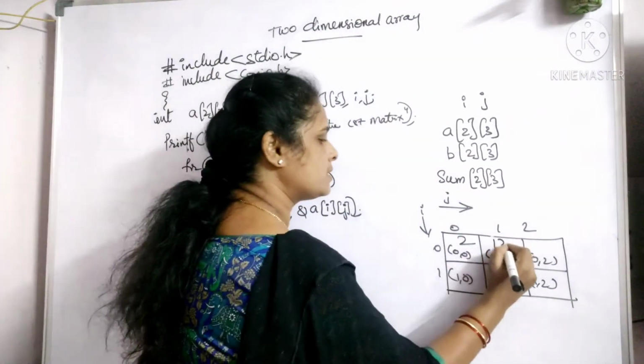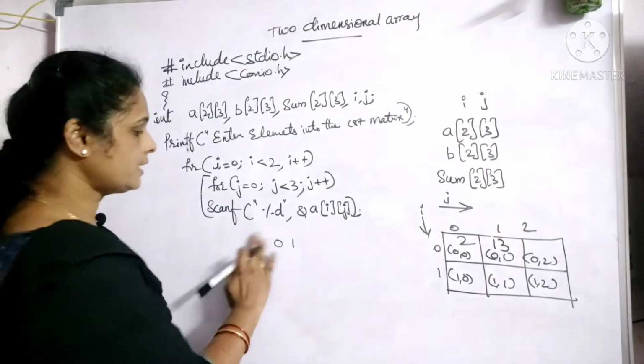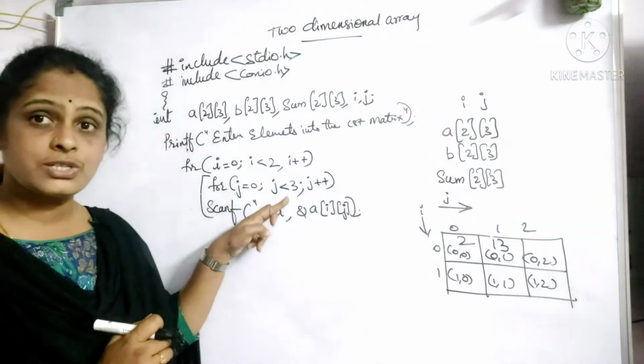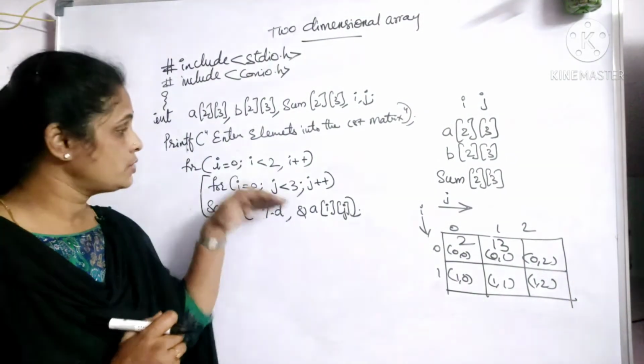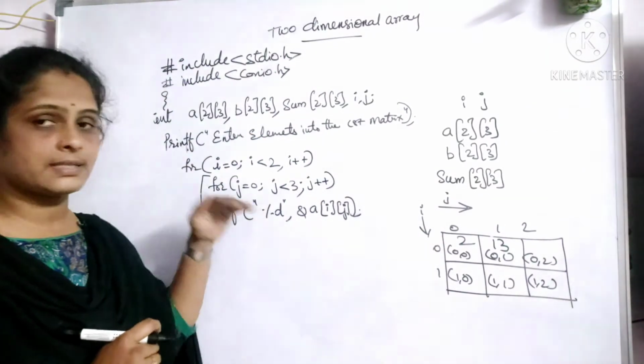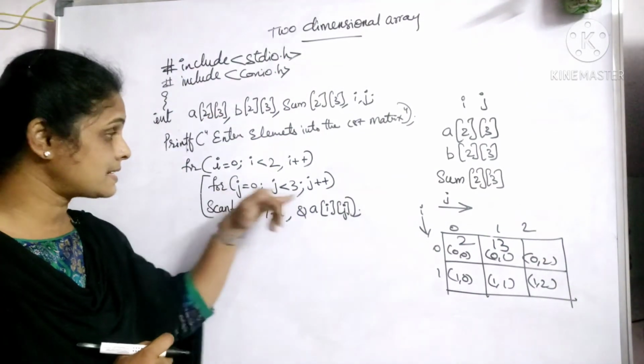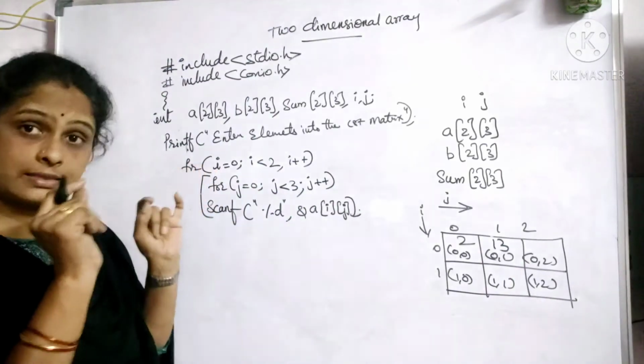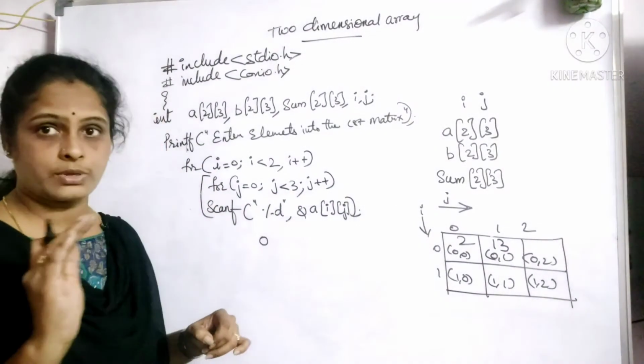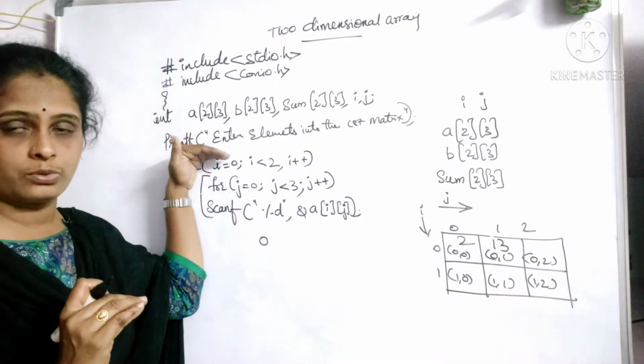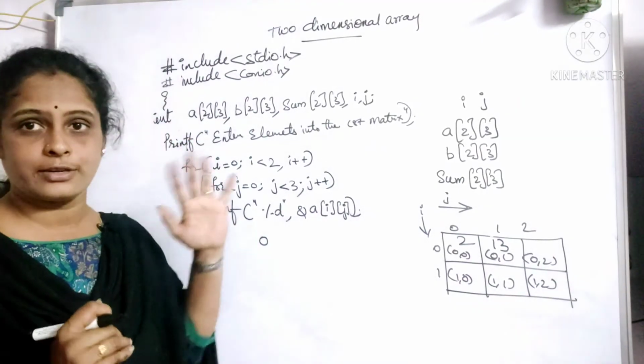Suppose we take 13 here. Then the condition is still satisfied in the inner loop, so it will not go to the outer loop. That is, it will not go to I, but still executes here only. Still the value of I is 0 only.